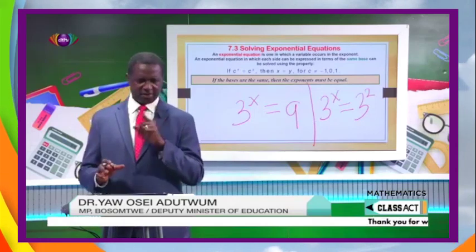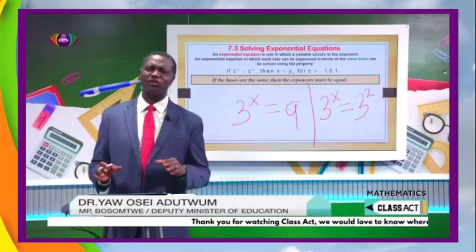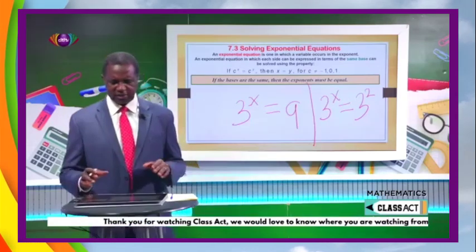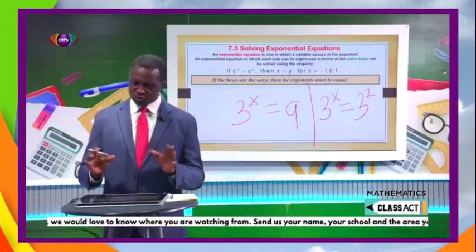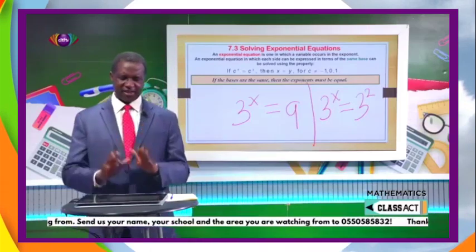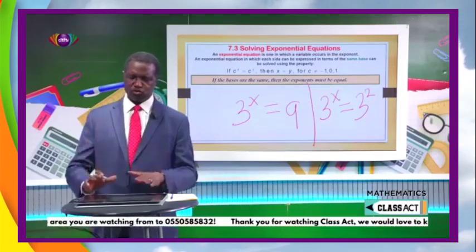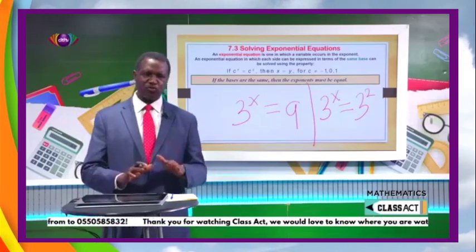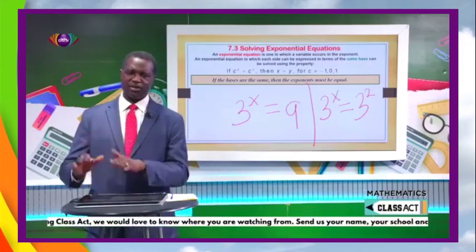I've been teaching for many years, and one mistake students make all the time: 3 to the power of 2 is, oh, that is 6. And when I say 2 to the power of 3, oh, that is 6. No. When you're talking about exponents, understand: when I say 3 to the power of 2, 3 is repeating itself 2 times. If I say 2 to the power of 3, 2 is repeating itself 3 times.